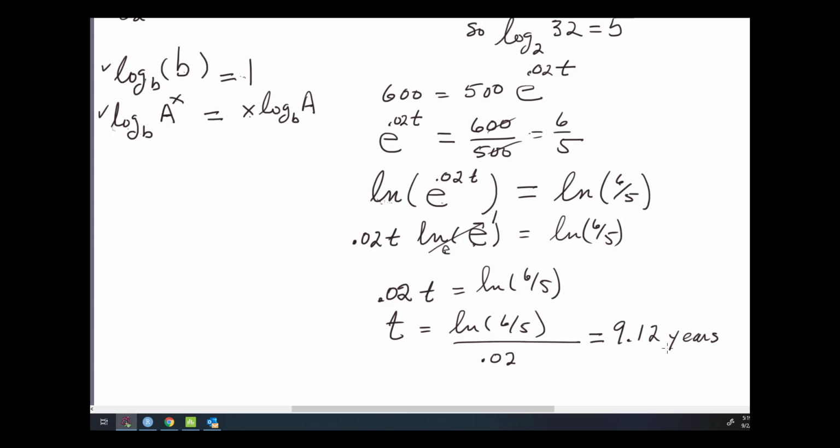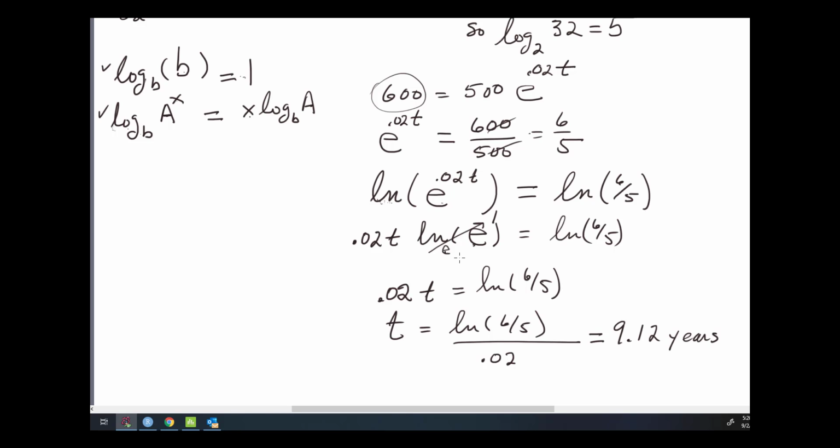So using exponential functions and logarithms, we've just made a prediction that our population of deer is going to hit 600, 9.12 years after we introduce the deer. So if I'm introducing the 500 deer today, I've got 9 years before I have to worry about it.